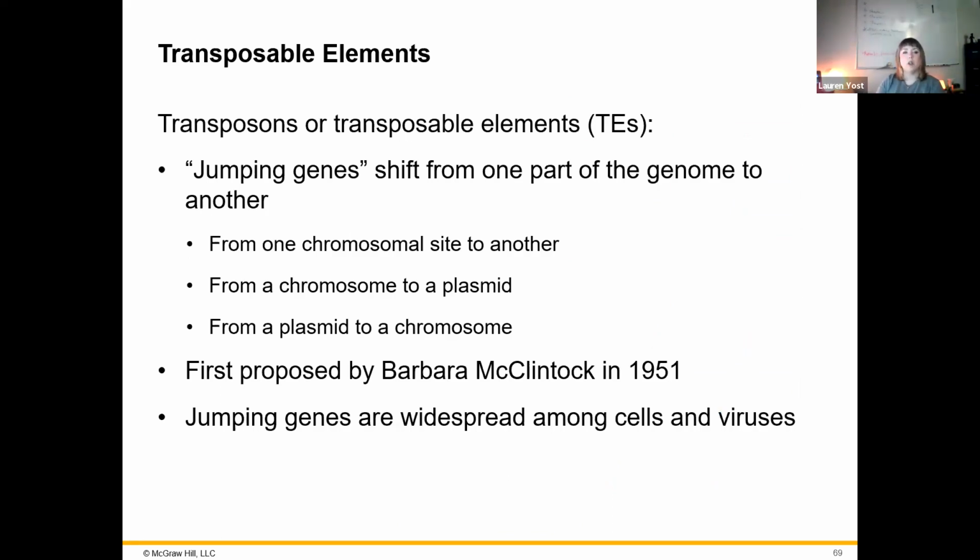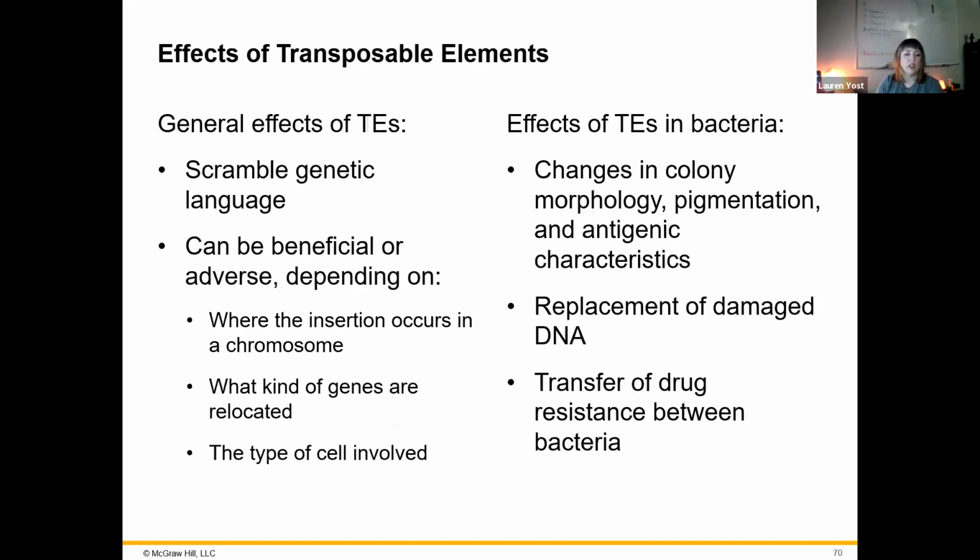Transposable elements, I'm not too particularly interested about these, but these are jumping genes. They can move from one part of the genome to other parts of the genome. So from plasmids to chromosomes, chromosomes to plasmids, and so on. These are just jumping genes. And these can occur in eukaryotes and in bacteria. So these can end up scrambling the genetic language.